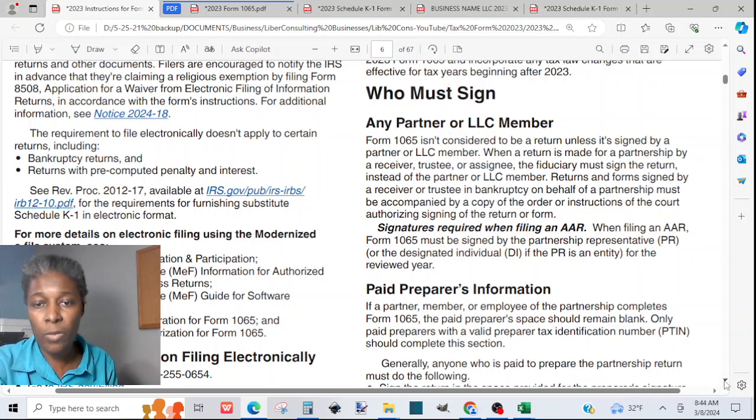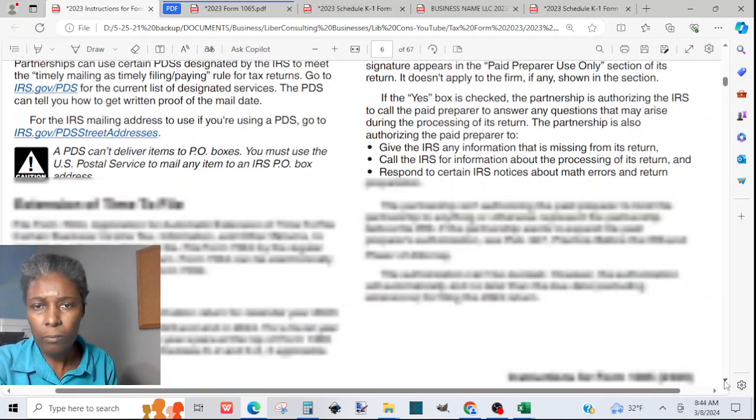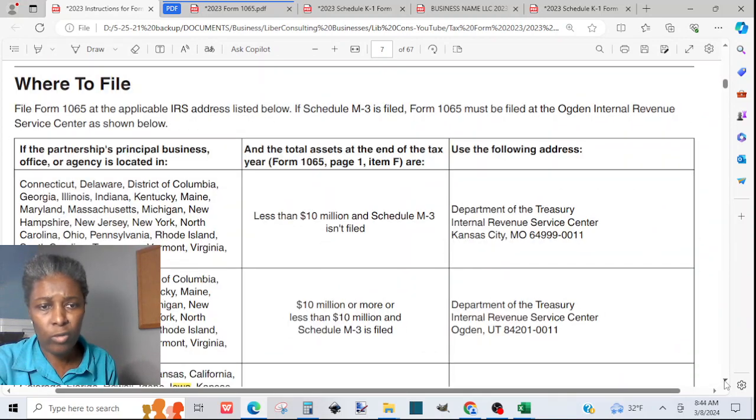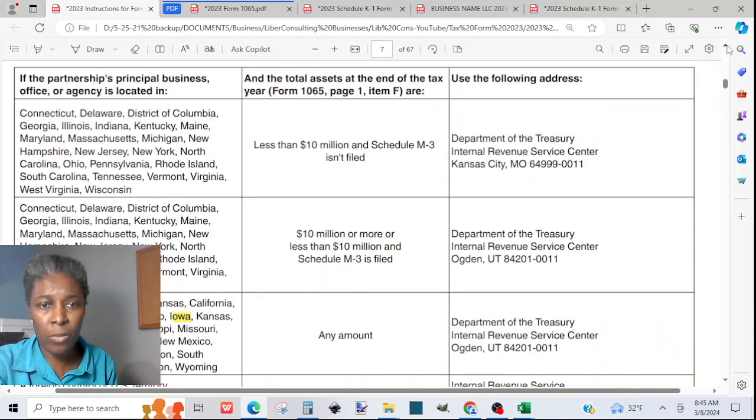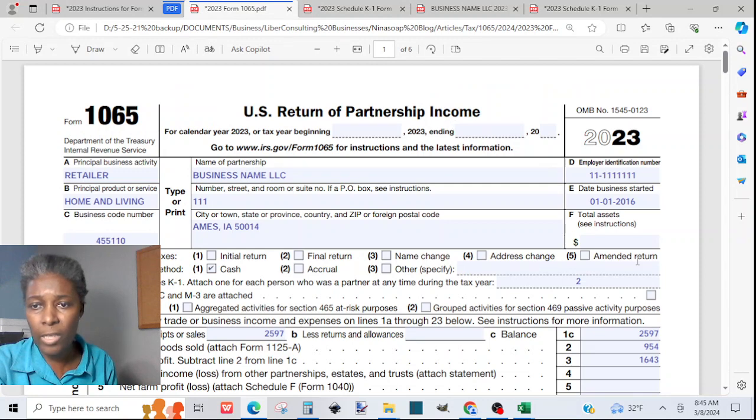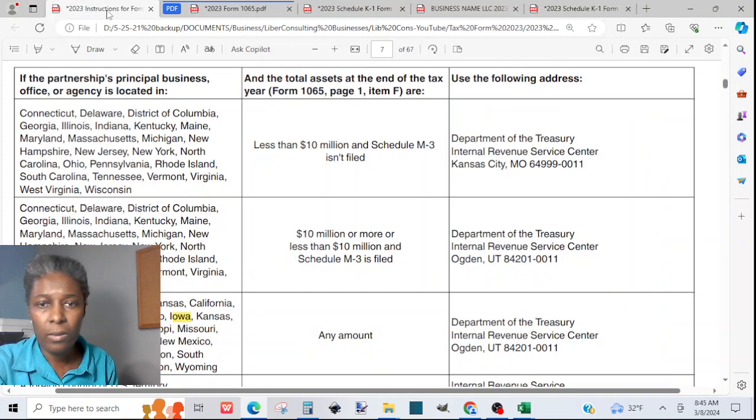But if you want to paper file, the software should be able to direct you, but it's good to double check it with the instructions as well. Find the state your business is located in, and based on the total assets of your business on your 1065, here we don't have anything there, you'll find the address to mail it to that corresponds to your state based on the assets.